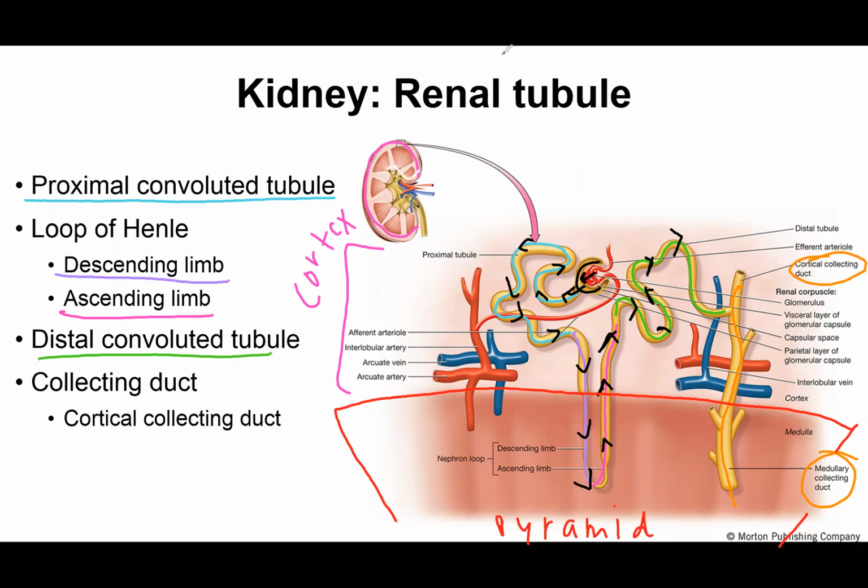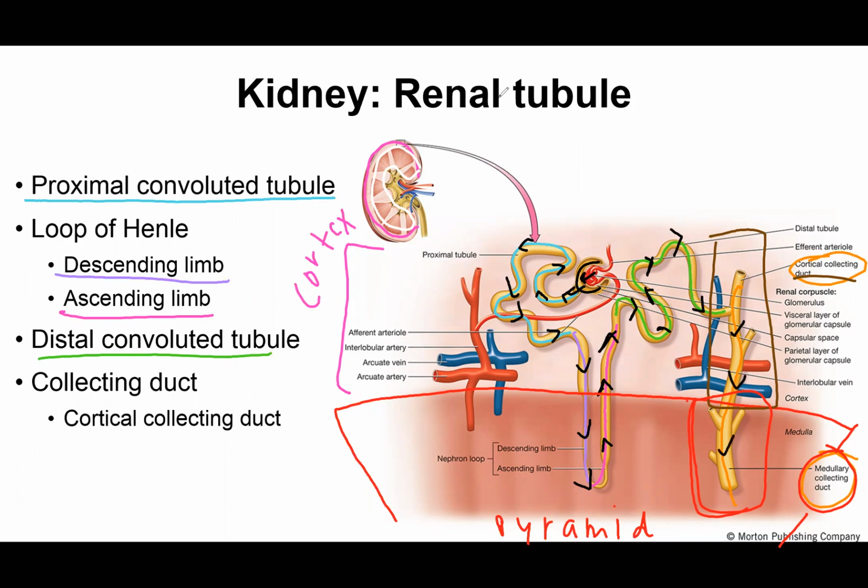So medulla was all of this stuff in here. When talking about this collecting duct, the part in the cortex is called the cortical collecting duct, and the part sitting down in the medulla is called the medullary collecting duct. Even though it's one thing, just know that it has two different names based on where it's located.